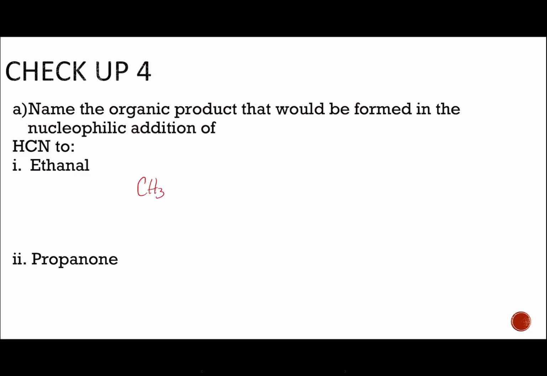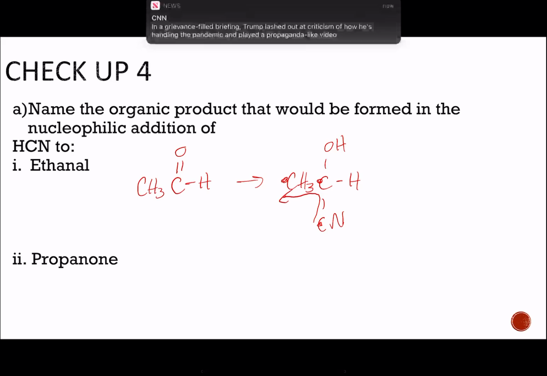Ethanal is CH3COH. I know I'm adding a CN and an H, so it would be CH3, CH, OH, and CN. They didn't ask me for the mechanism, they just asked me to name what the product was. So this would be 1, 2, 3, but really going this way because the side with your functional group will be the end.